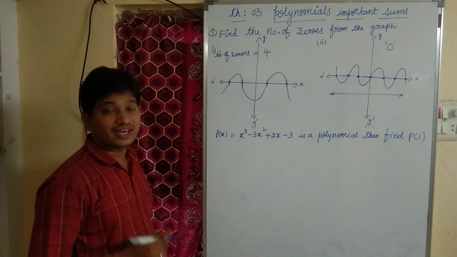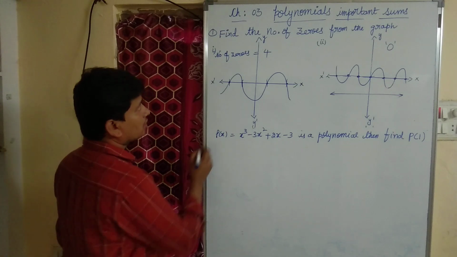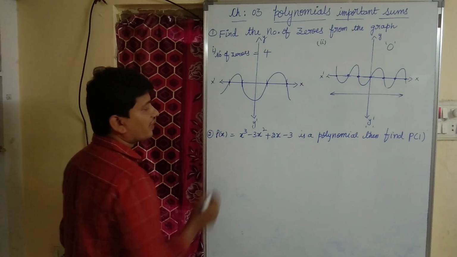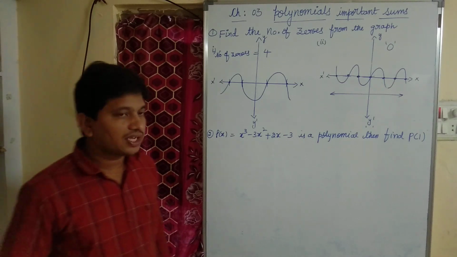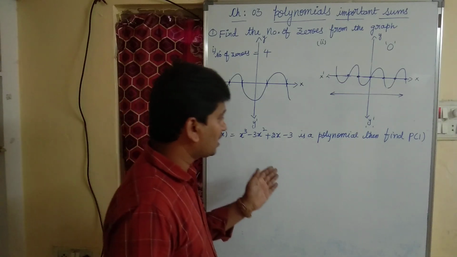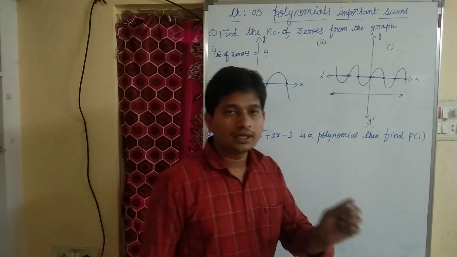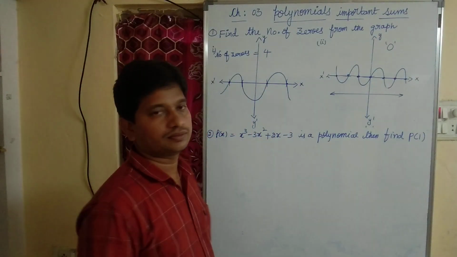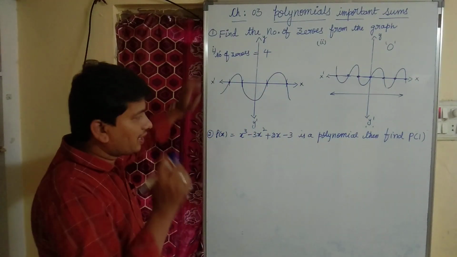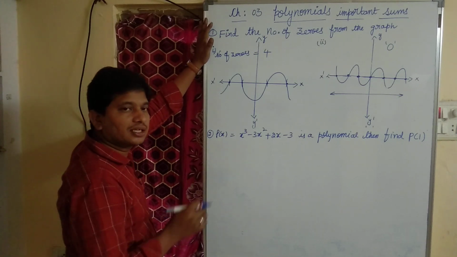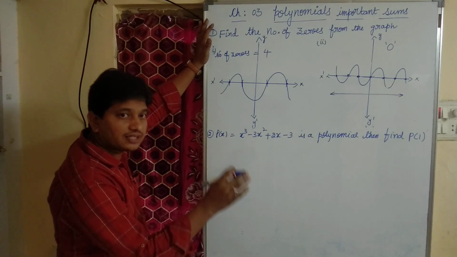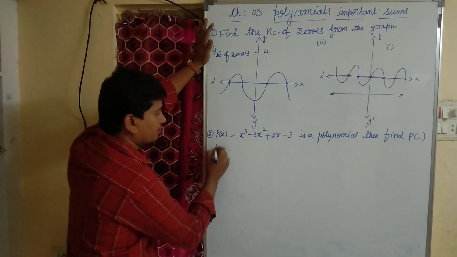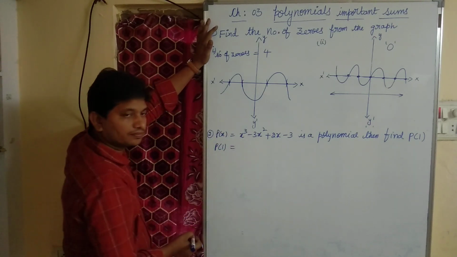They'll ask questions like this. If p of x is equal to x cube minus 3x squared plus 2x minus 3 is a polynomial, then find p of 1. Okay. So what to do in this case? This is an easy method. Simply in place of x we need to substitute 1. That's all. P of 1 we have to find out.